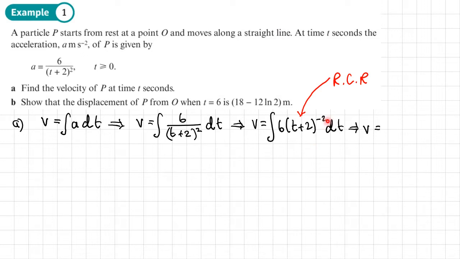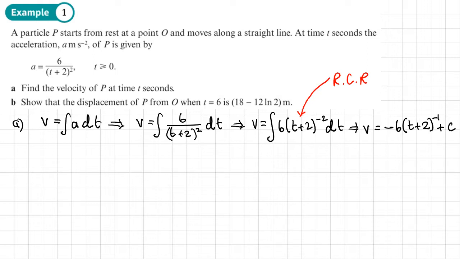What we do is we add 1 to the power, we integrate the outside, so add 1 to the power, it becomes minus 1, divide by the new power, so we're going to be dividing by negative 1, so we get negative 6. Remember the inside of the bracket doesn't change, so it's (t plus 2), and then we divide by the inside differentiated. That is going to be dividing by 1, so it doesn't change. And then we mustn't forget our constant of integration there, C.